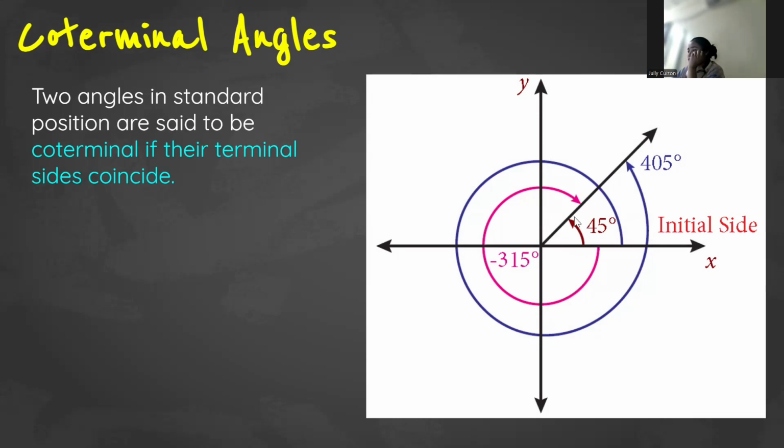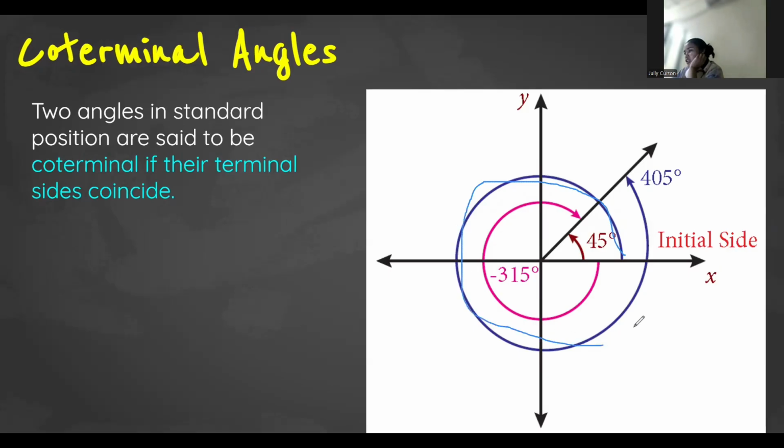Kani siya nga terminal side is magita ta sa iyahang coterminal, both positive and negative. If we try to calculate this full rotation, it stops there, that is equal to 360 degrees, di ba?